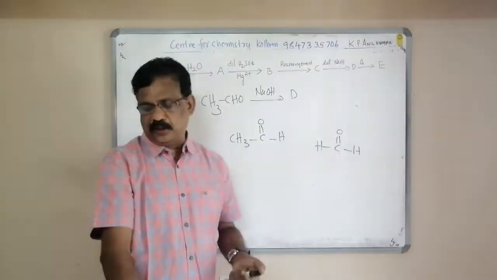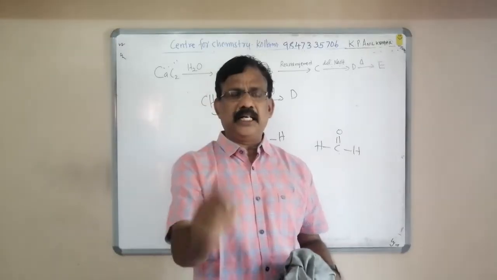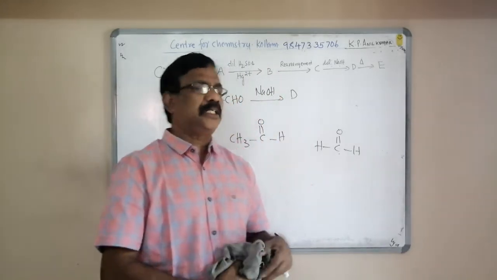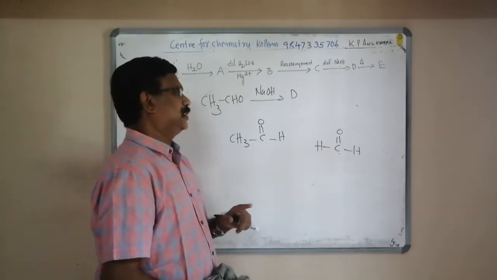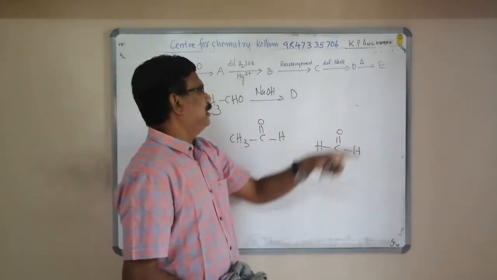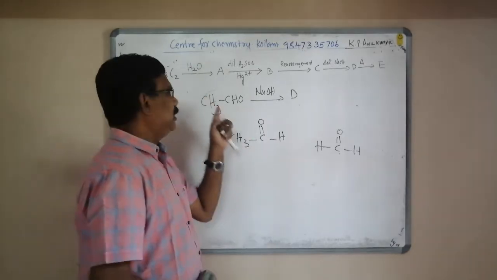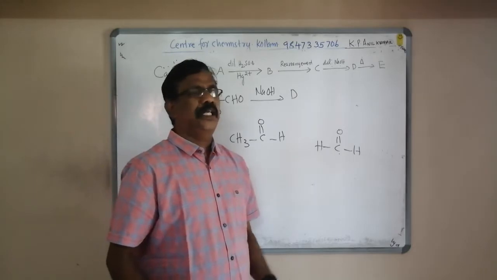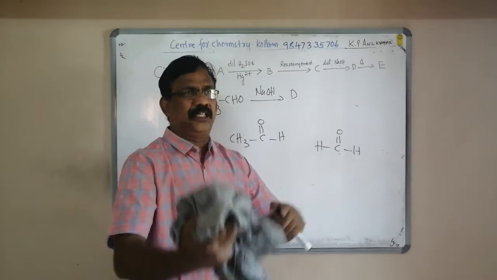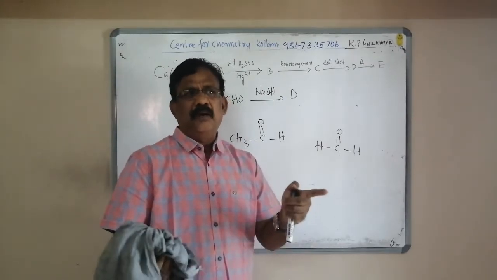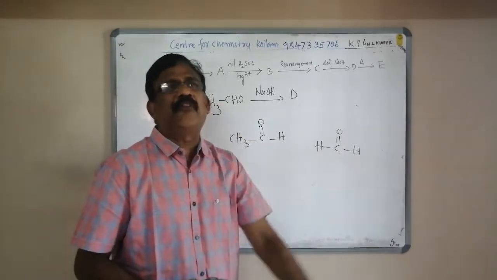So aldehydes and ketones, simply carbonyl compounds, containing alpha hydrogen atoms undergo condensation in presence of a dilute alkali. So here the condensation reaction is C to D. The essential condition is that both aldehydes and ketones must contain a minimum of one alpha hydrogen atom.